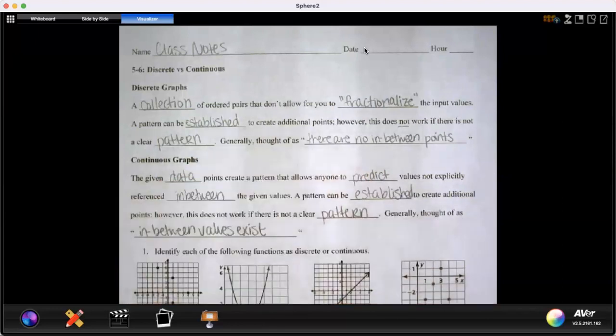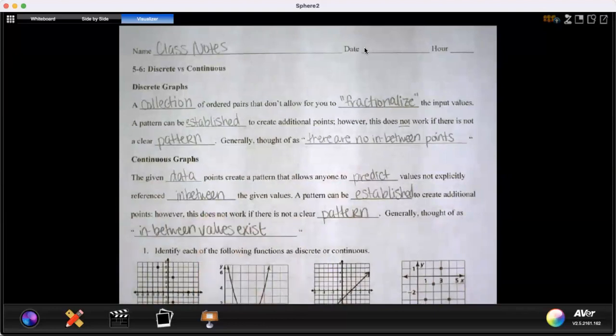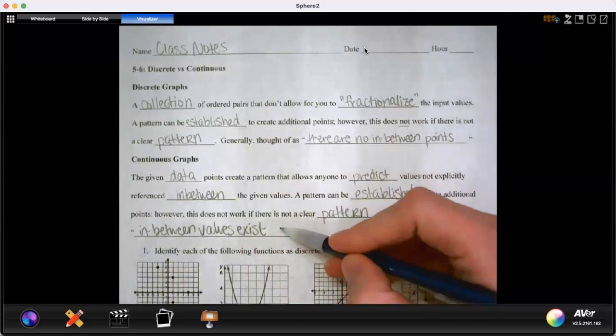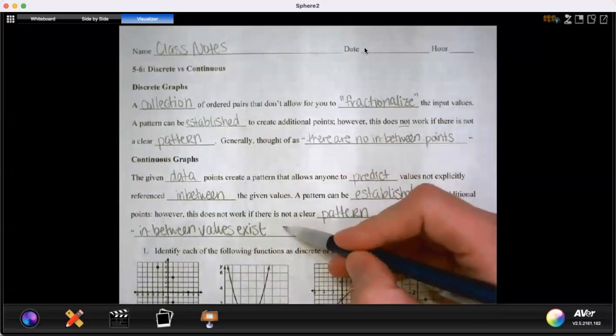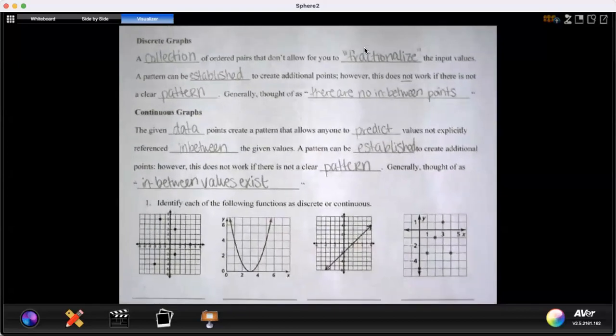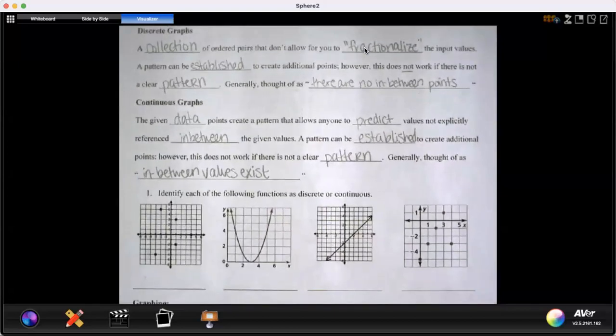So discrete graphs are specific ordered pairs, whereas continuous has a range of values in between given values that are provided. So values that are distinct and there's nothing in between, versus ones that have values in between the given values. Okay, let's look at the images below to kind of get a vision of some functions, describing them as discrete or continuous.